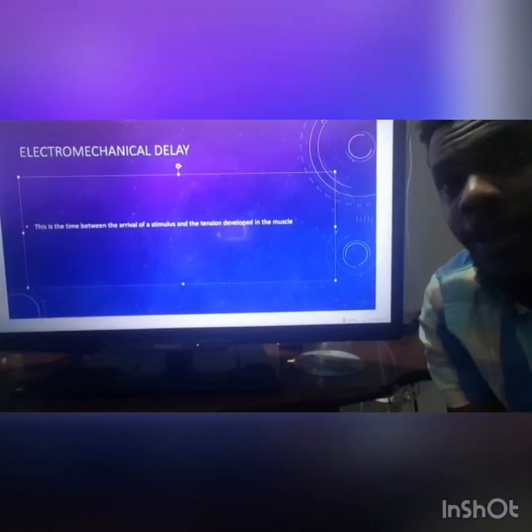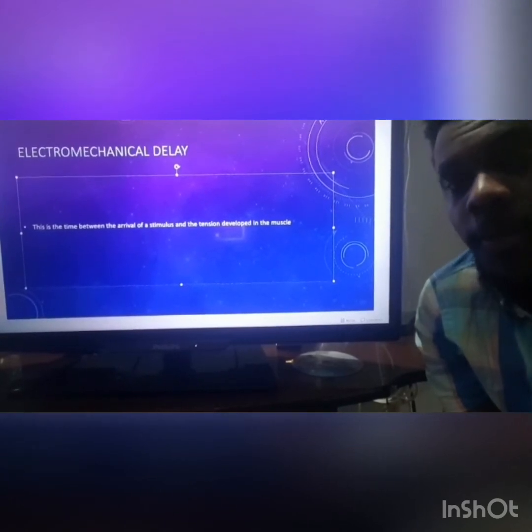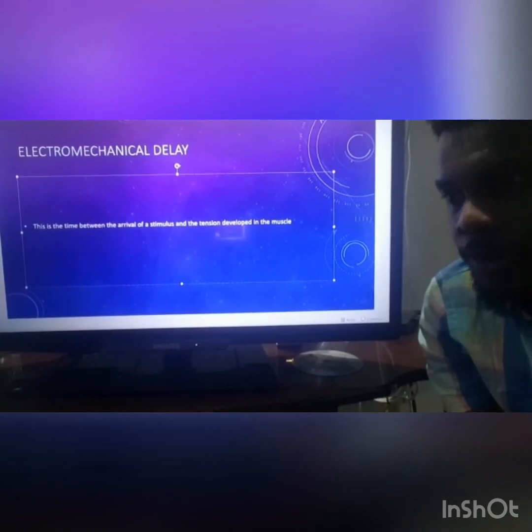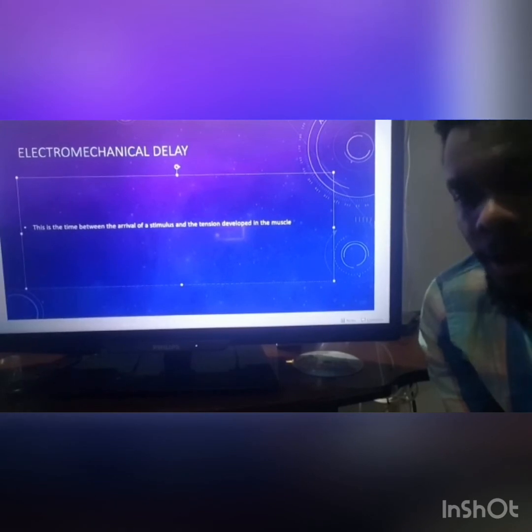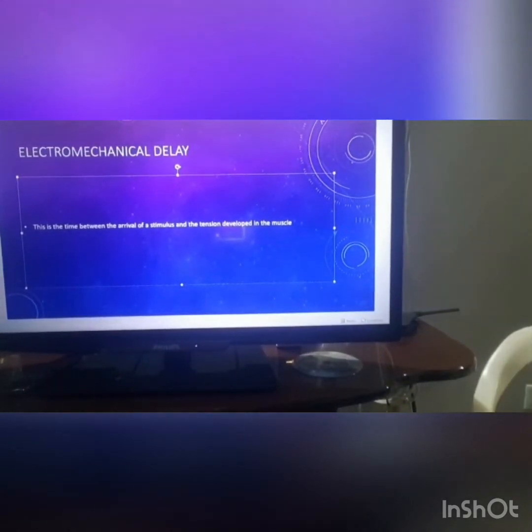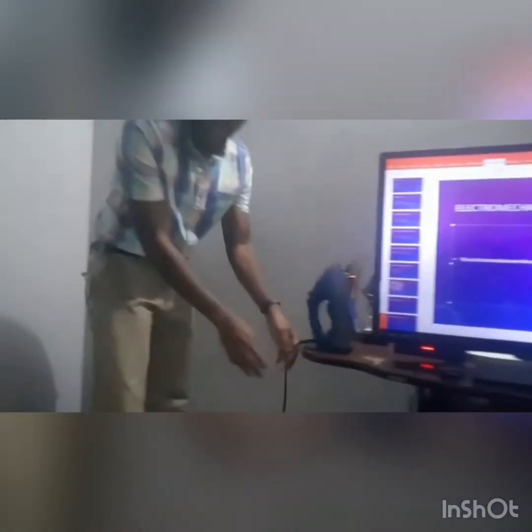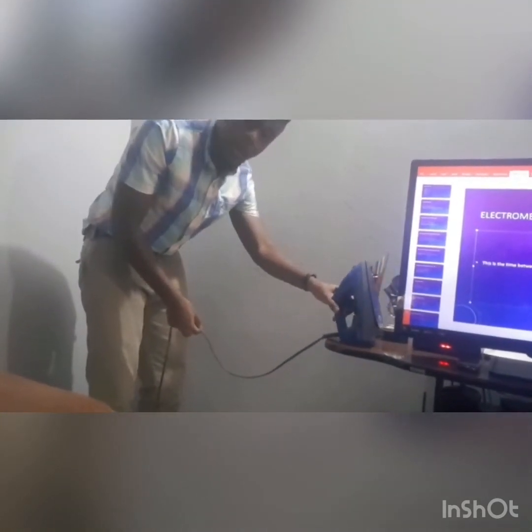So the electromechanical delay, this is basically the time between the arrival of a stimulus and the tension developed in the muscle, right? For example, when the muscle is activated, before the muscle actually contracts, this is the electromechanical delay. We could use this iron here, where I am the muscle, the iron itself is the bone, and this cord is the tendon.